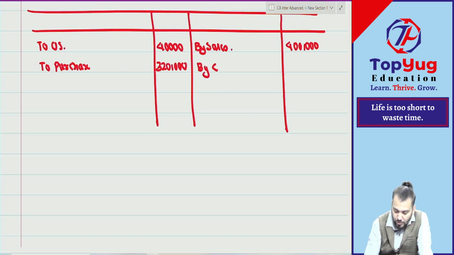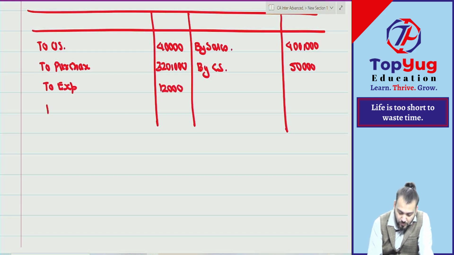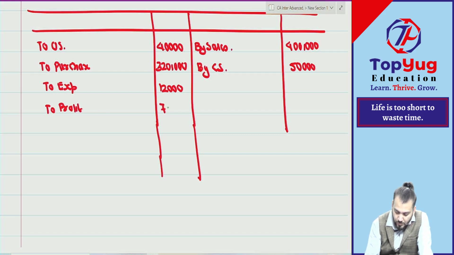By closing stock how much? To expense how much? To profit how much? 70,000. 78,000.